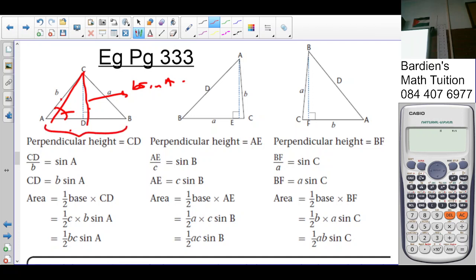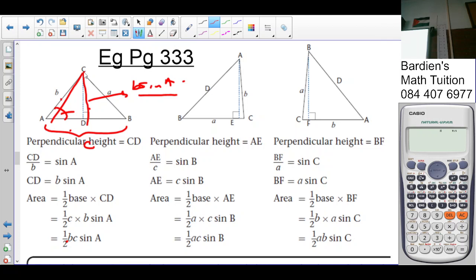AB, also known as lowercase c. The area is half base times CD, your perpendicular height. That's half times c times b sine A, so the area of this triangle is half bc sine A.